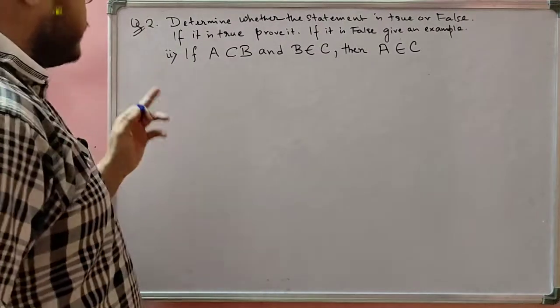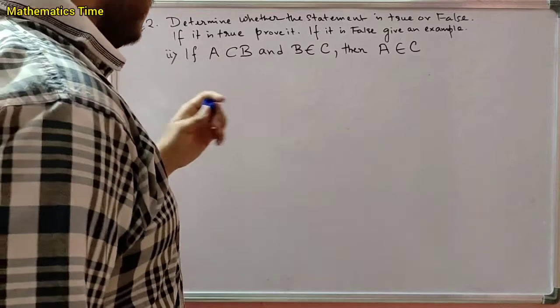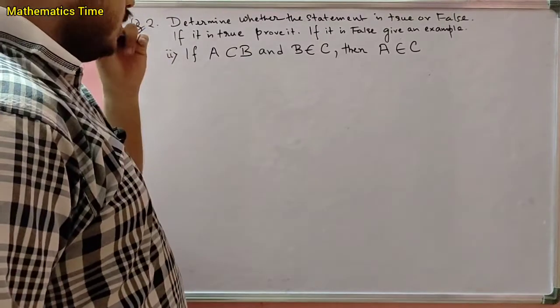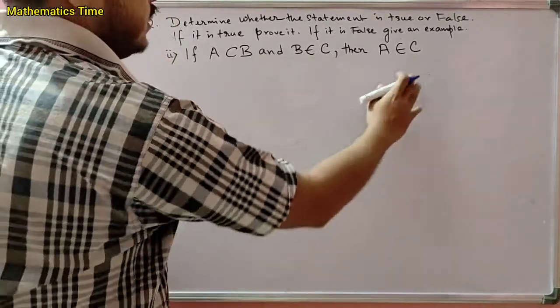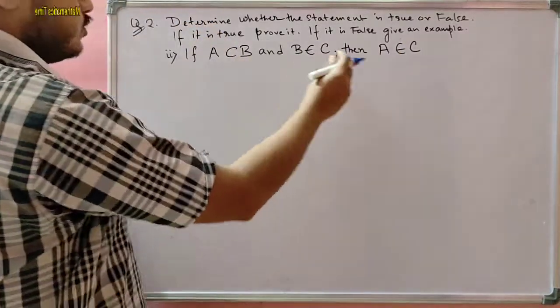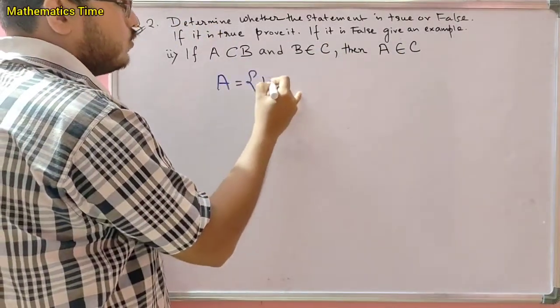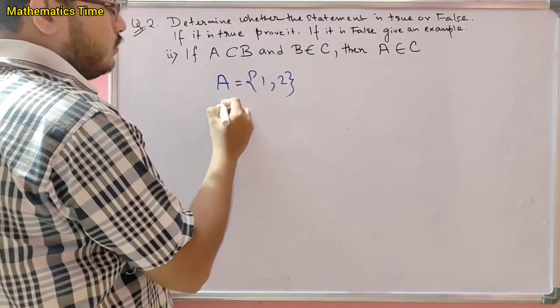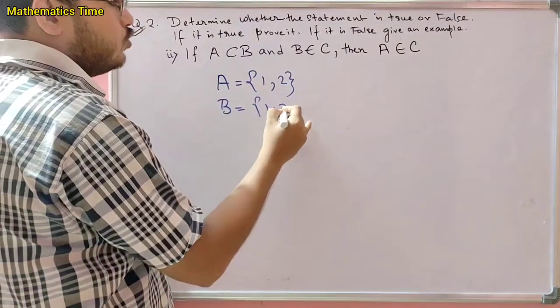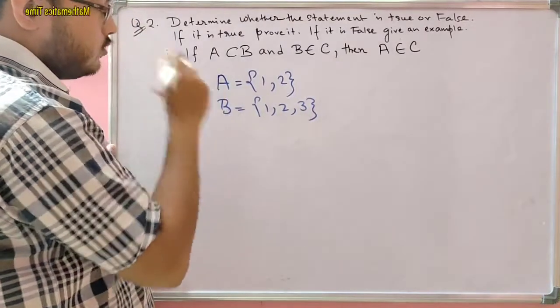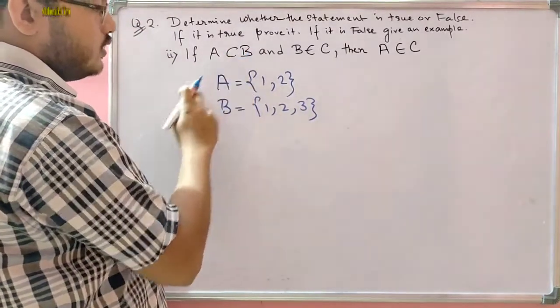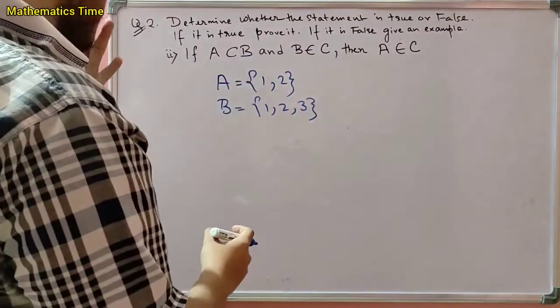So the next problem is: if A is a subset of B and B belongs to C, then A belongs to C. We have to show that A belongs to C. So we are considering A as the set {1, 2}, and B is {1, 2, 3}. So A is a subset of B is satisfied from this example.